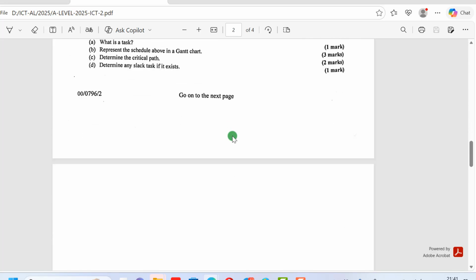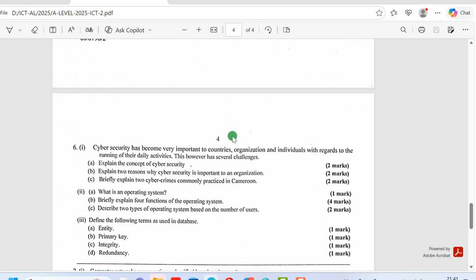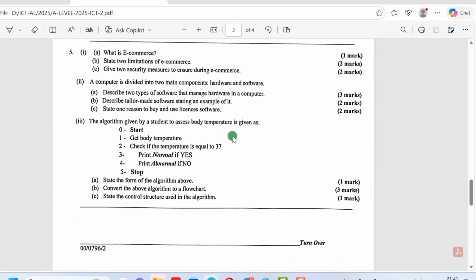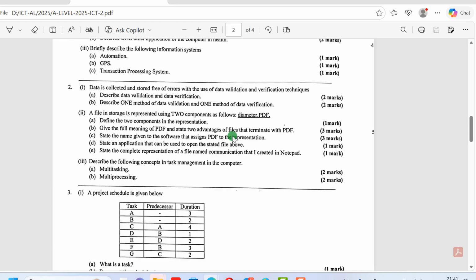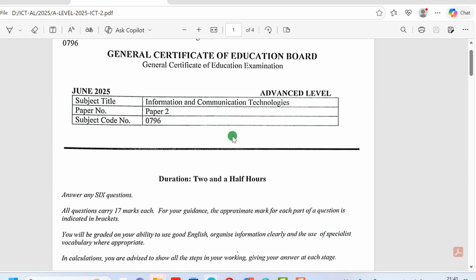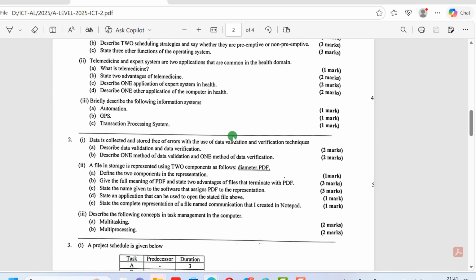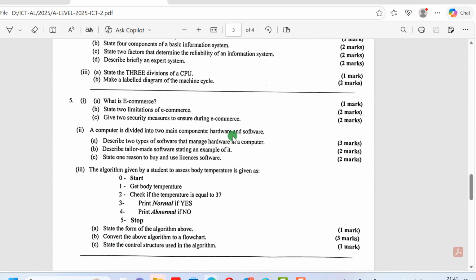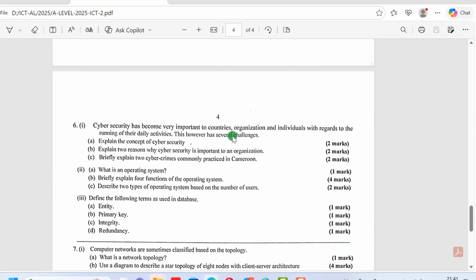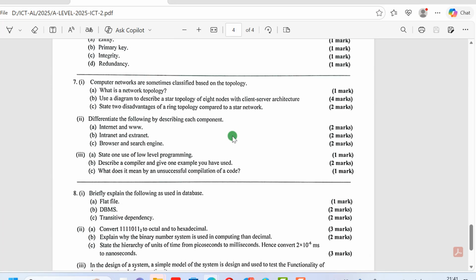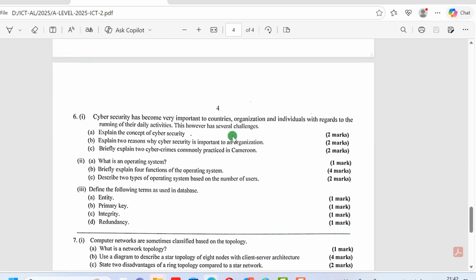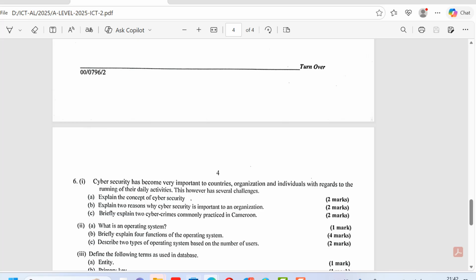Is there any question on a logic gate? I think no. Okay, we will go to 2024. So you have seen that if there's no question on a logic gate this year, expect it in 2026. That's clear. Before going to questions, is it okay for everybody?